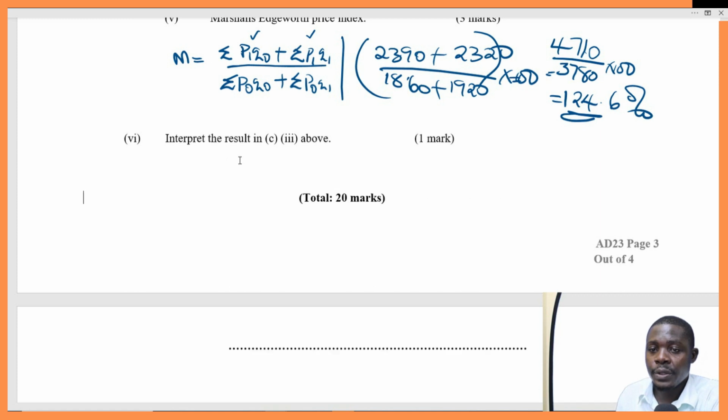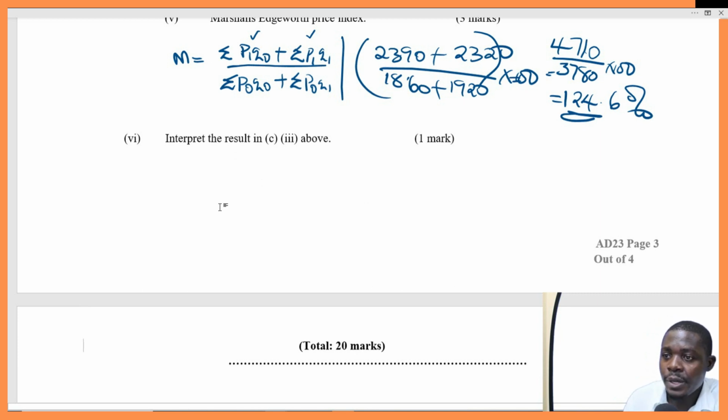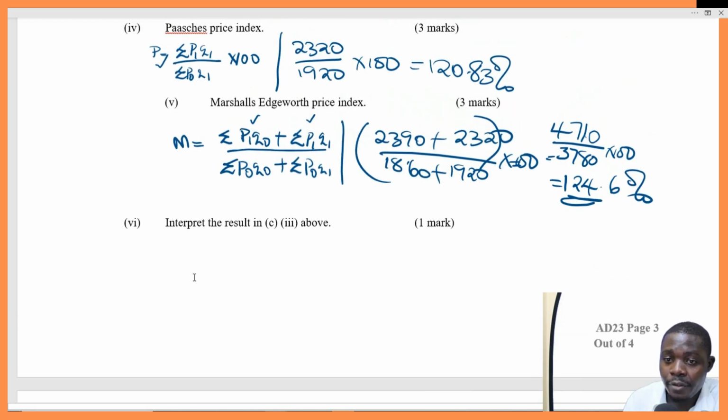Now you are asked to interpret the result in Roman 1 above. Now we interpret, we usually compare with 100.